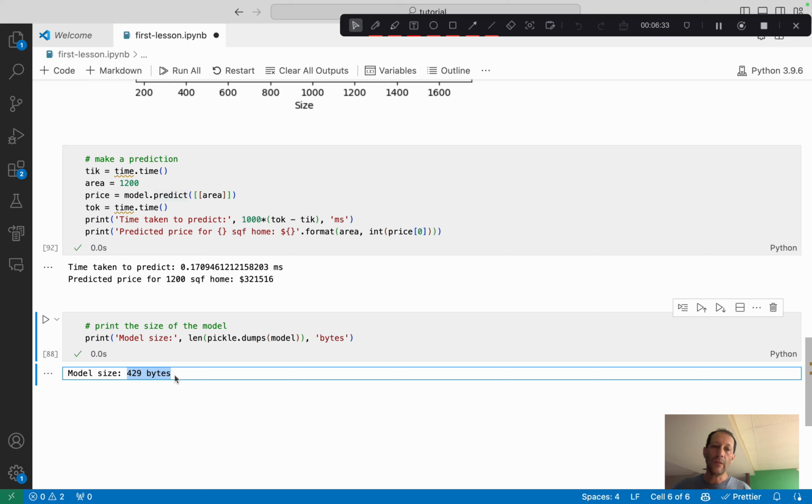Now, the information here about the size and how long it takes to make a prediction is to highlight one fundamental concept here, which is that models don't retain the training data. It's not like a database that keeps the data, and then when you make a prediction, it queries that database and returns something to you. The model has only learned the patterns and retains information about the pattern, which in this case is the intercept and the slope.